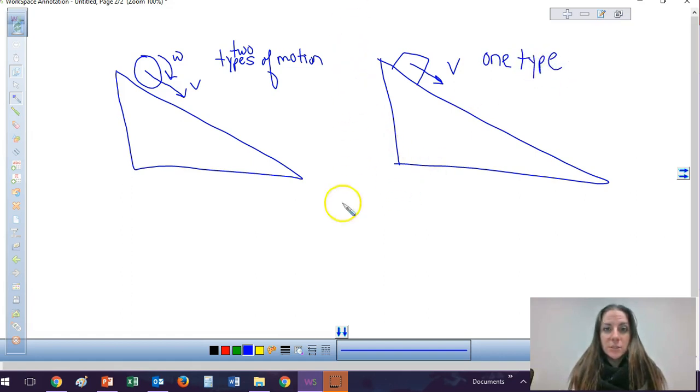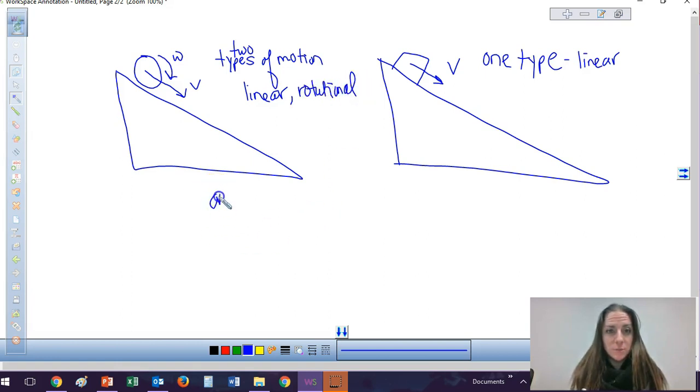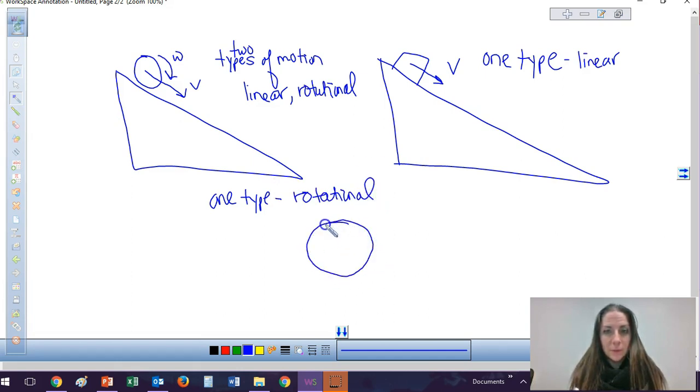Now something with just one type. So this is just linear. This is both linear and rotational. Something with just rotational could be, for example, a pulley. And let's say I hang some masses on it, where we have just rotation, right?